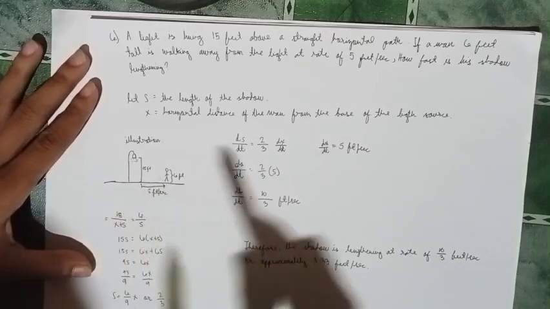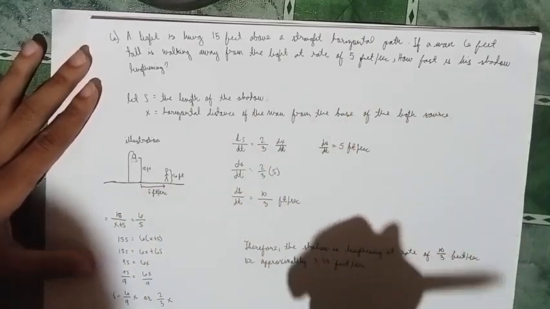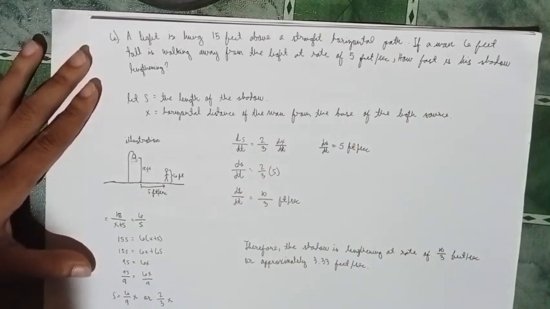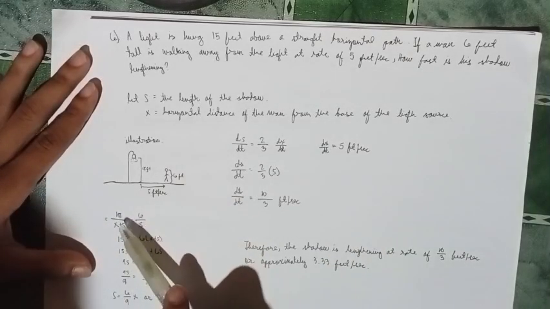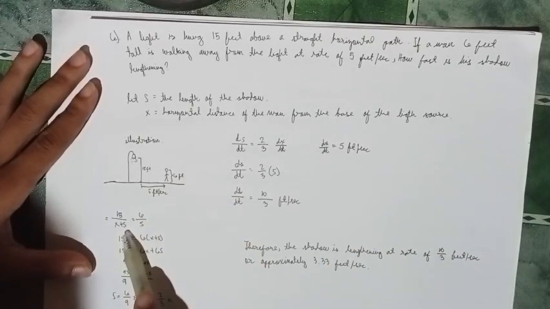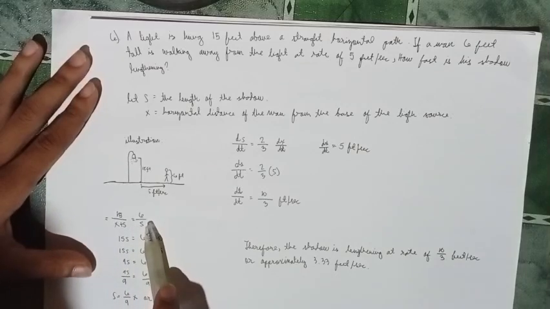So we can equate and find s. 15 all over x plus s is equal to 6 over s.